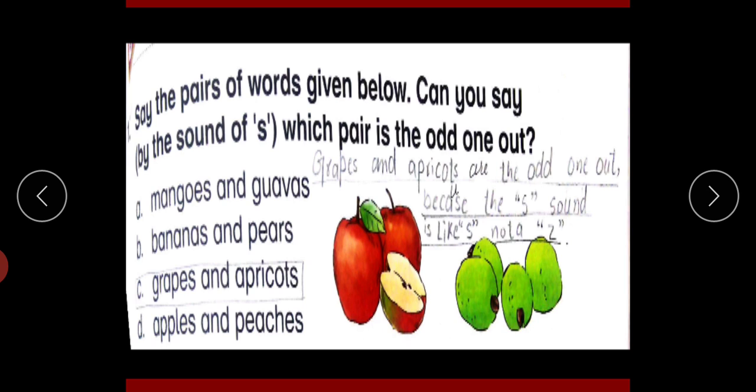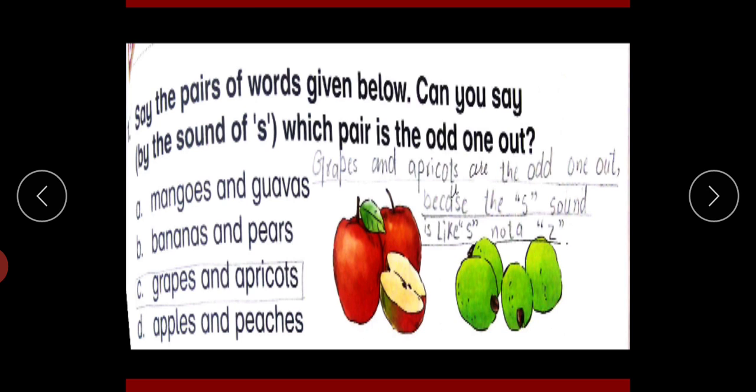And in another group, grapes and apricots, the sound is not matching. This group of words is the odd one out, so we can say grapes and apricots are the odd one out because the S sound is like S, not Z.